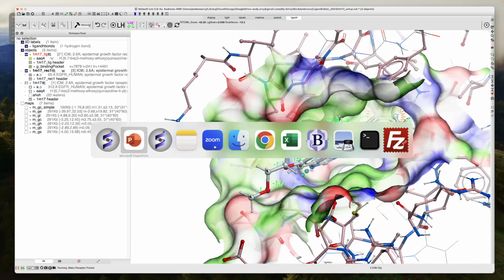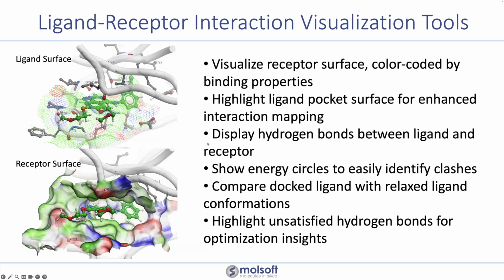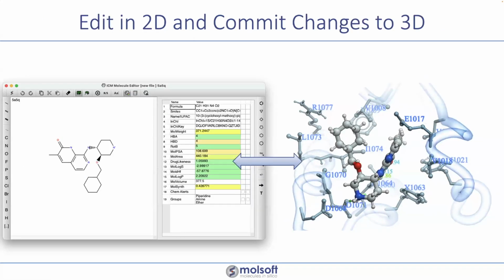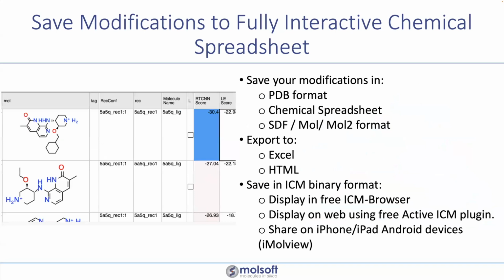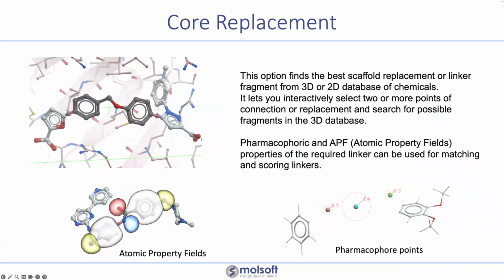So just wanted to finish to show you that primarily the ligand editor has a number of tools for medicinal chemists, but under the hood in the advanced section, there are some more CAD orientated tools where you can screen replacement groups.